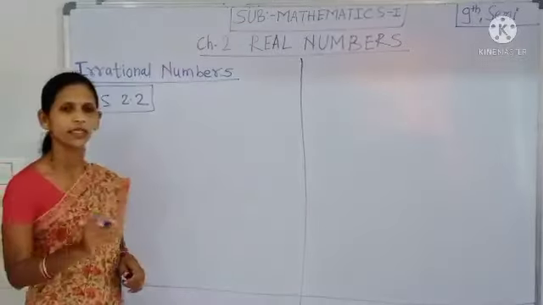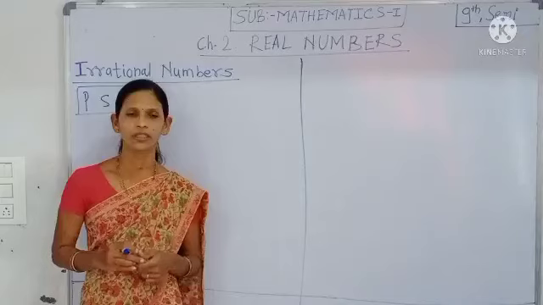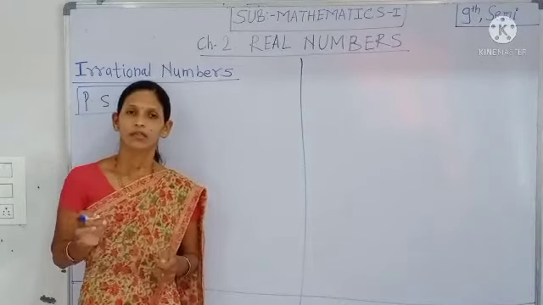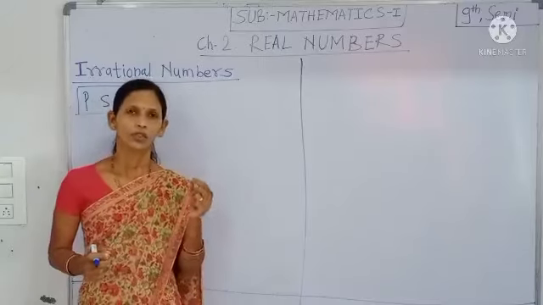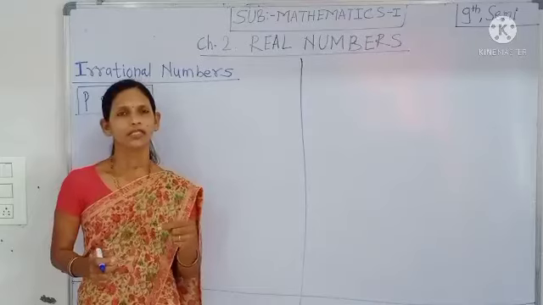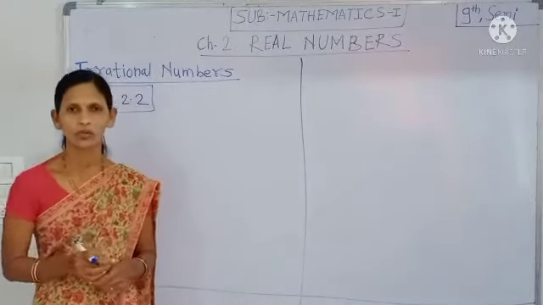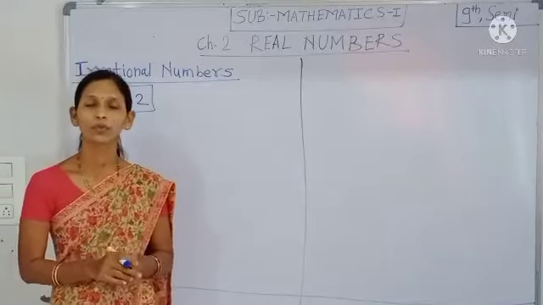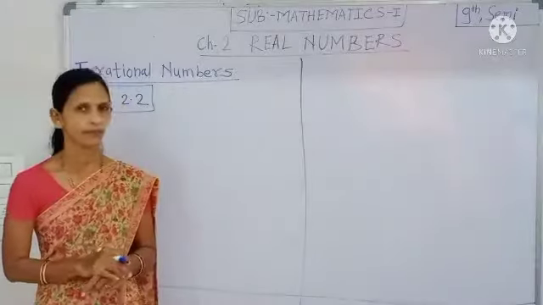Here a few irrational numbers are given, and the question is to show or represent the following irrational numbers on a number line: square root of 5, square root of 10, square root of 2, square root of 3, or square root of 7.